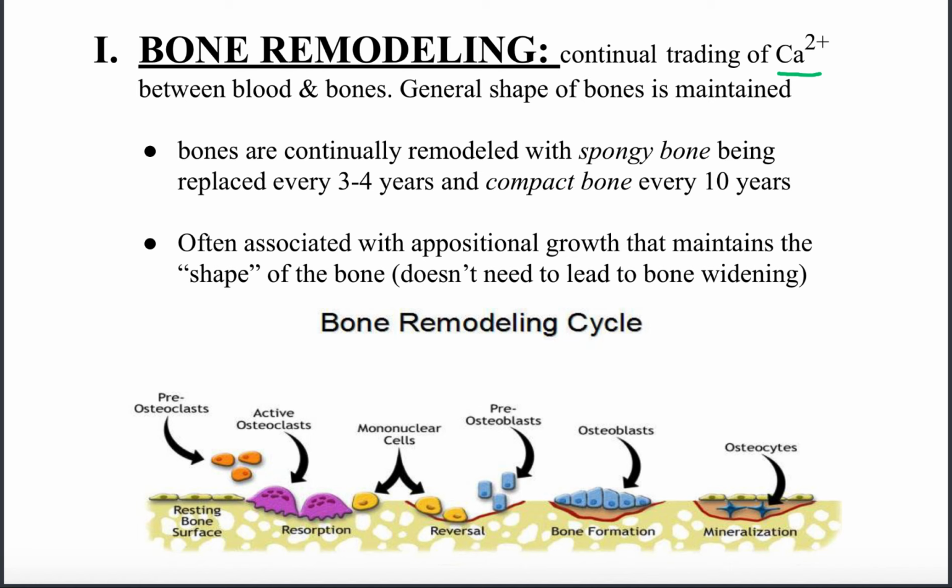So appositional growth, if you recall from when we went over elongation and widening of the bones, is the process of just packing on bone to existing bone. And in this case, you're chewing down the surface of your bone with osteoclasts. But with bone remodeling, you're basically just patching up that hole in your bone later on if there's more calcium available.